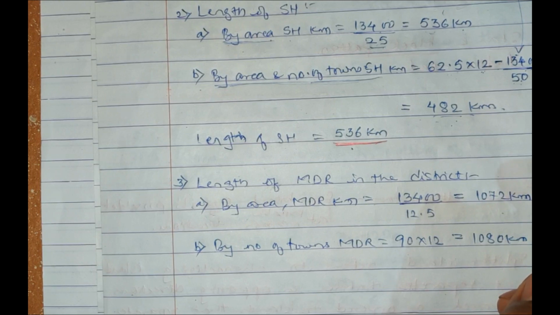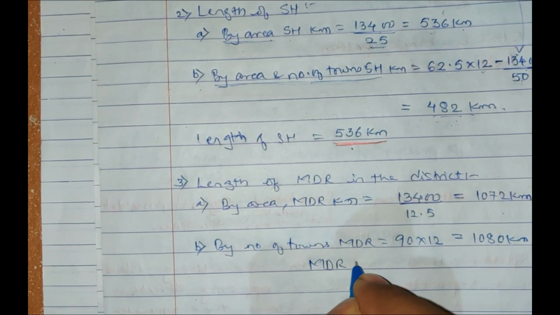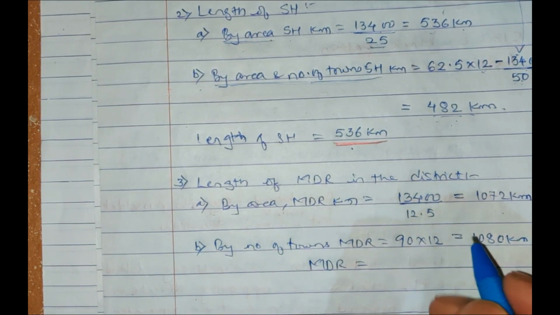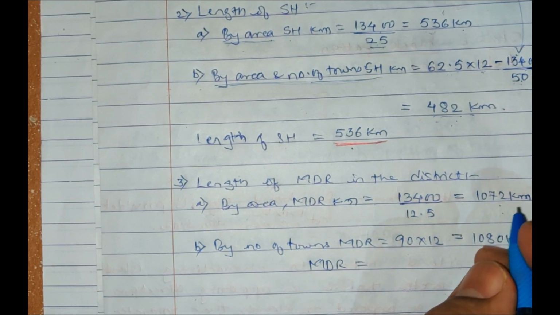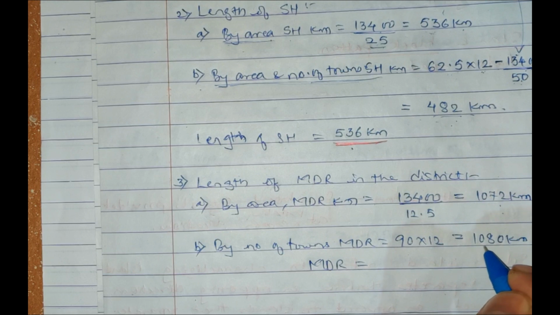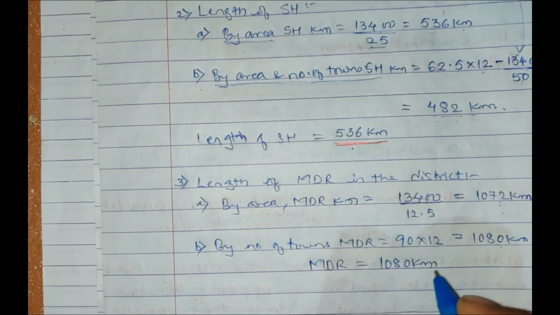Here we'll have to provide the length of the major district road as the higher of the two categories. Hence, MDR will be, comparing 1072 and 1080, 1080 kilometers.